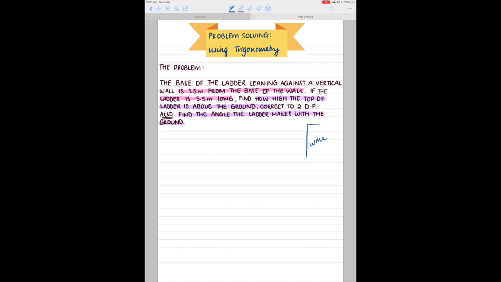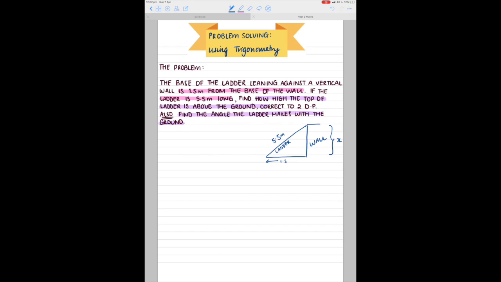So let's say that that's the wall. The first part of the question is asking us to find this, so let's say that that's x. We're also told that the ladder is 5.5 meters long, so let's say that that is the ladder, and that it is 1.5 meters from the base of the wall.